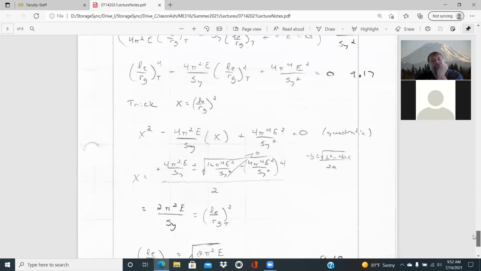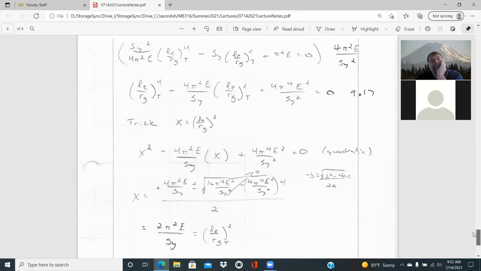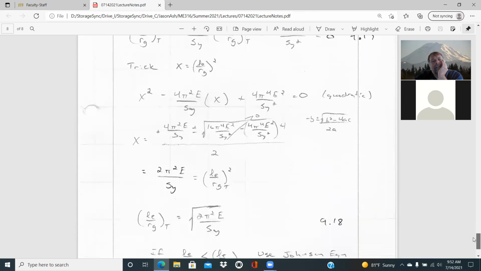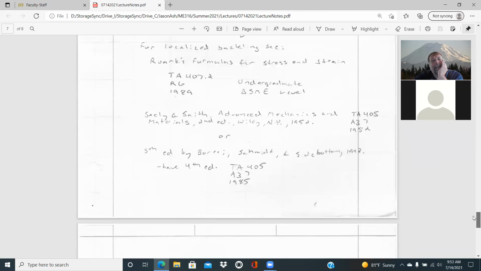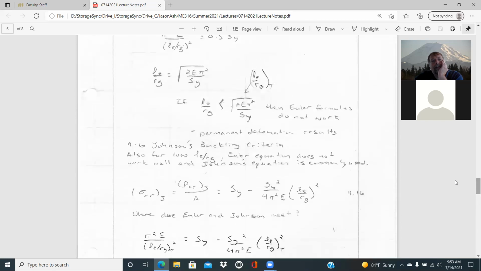And I think the rest of this is just, again, solving that tangent ratio that we had before. I think we already stated that previously. LE over RG is the square root of 2E pi squared over the yield strength.